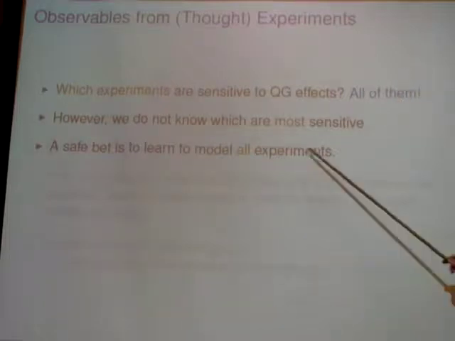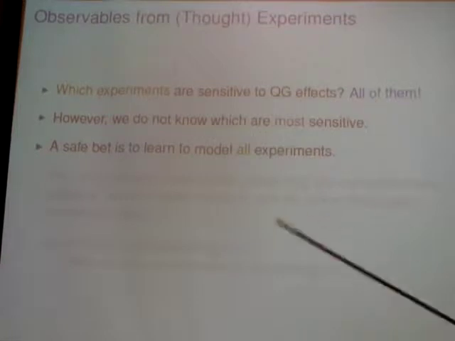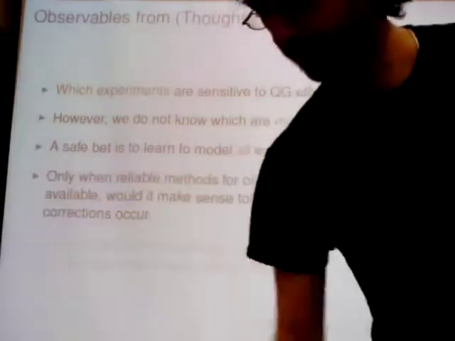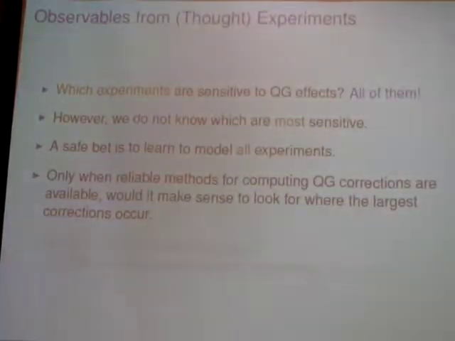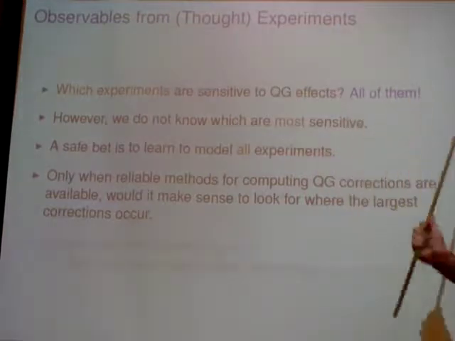I will be thinking at this level rather than trying to find the most sensitive experiment, and the reason I think this way is because there are lots of surprises. People find surprises in physics all the time, and we can try to make a guess at what might be most important, but sometimes we can be wrong.